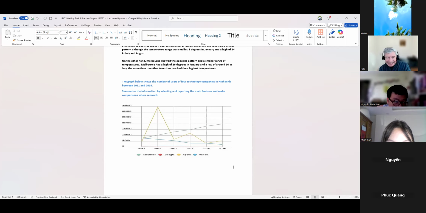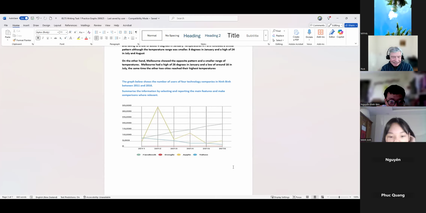Google is next. The number of users of Google, what happened to them over the period? It didn't grow at all. It didn't grow, but it didn't go down either, did it?